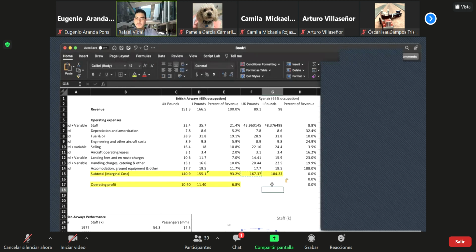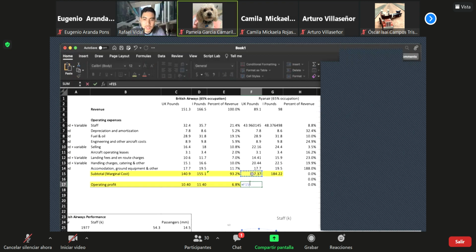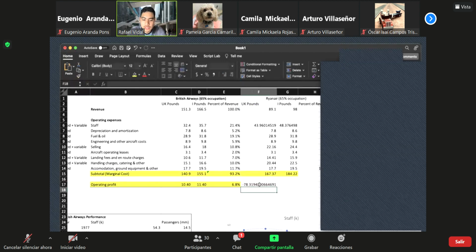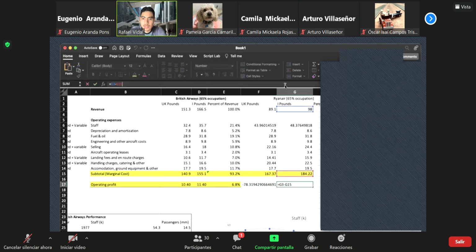So is it profitable or not? No, right? And I'm going to calculate the operating profit, which is this minus this. It's not profitable at all, right?